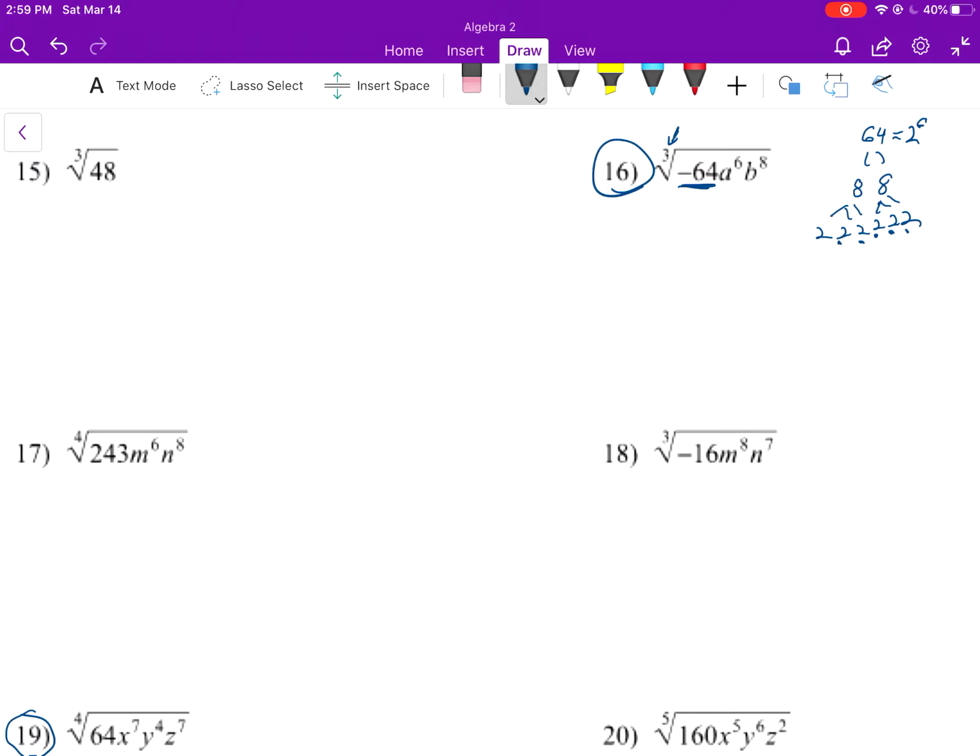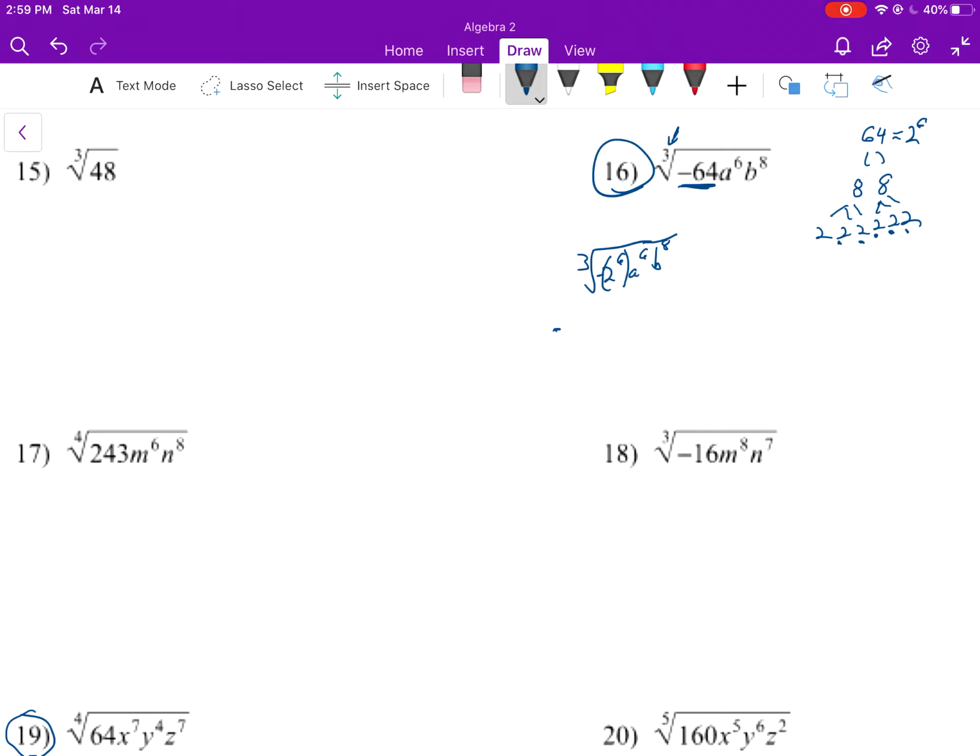And so we can think of the cubed root of negative 2 to the 6th, a to the 6th, b to the 8th. Now the negative is not within the 2 to the 6th, so make sure you think of it that way. The cubed root of a negative is automatically negative, because a negative times a negative times a negative is negative.